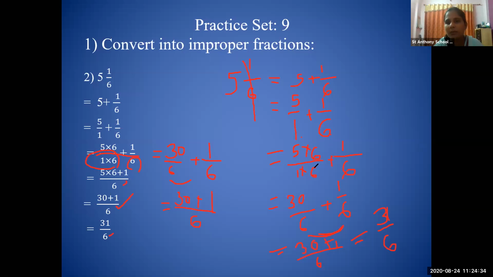Similarly, 1 gets multiplied with 6, plus 1 upon 6 remains as it is. Now 5 6s are 30 upon 1 into 6 is 6 plus 1 upon 6. Once we get the same denominator, we will write it as it is, and then we'll add the numerators 30 plus 1. Now 30 plus 1 is nothing but 31 upon 6.